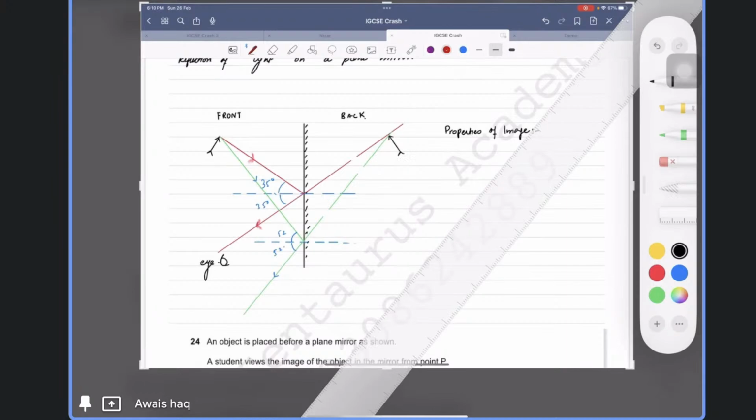So if this is your object, that will be the point where the image is formed. And this section that you see right now, you need to extrapolate this, because in this section your eyes think the rays are coming from behind the mirror, which is not real, but it just seems like that, although they're reflecting from the mirror.